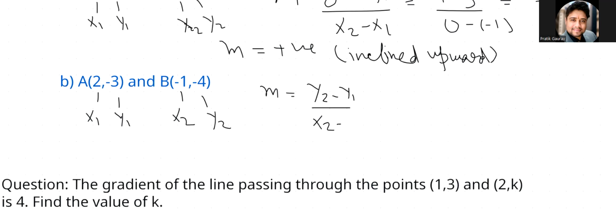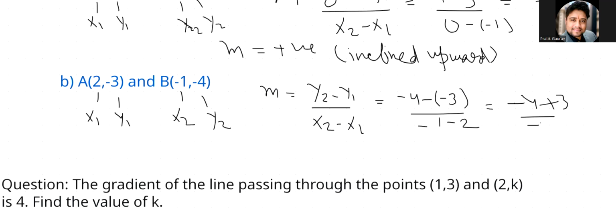That is equal to y2, that is -4, minus (-3), over x2, that is -1, minus 2. That is equal to -4 plus 3 over -3, which is -1 by -3.